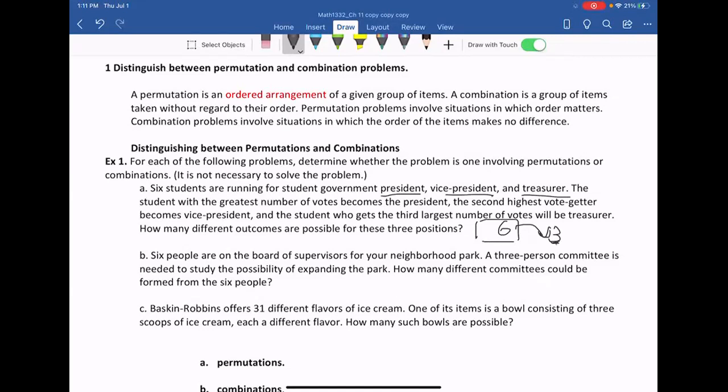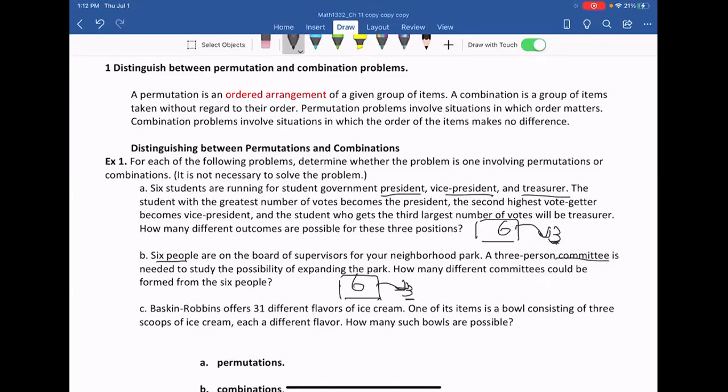Let's move on to the next question. 6 people are on the board of supervisors for your neighborhood park. A 3-person committee is needed to study the possibility of expanding the park. So we need to choose 3 out of 6, and the 3 of them are all committee members.